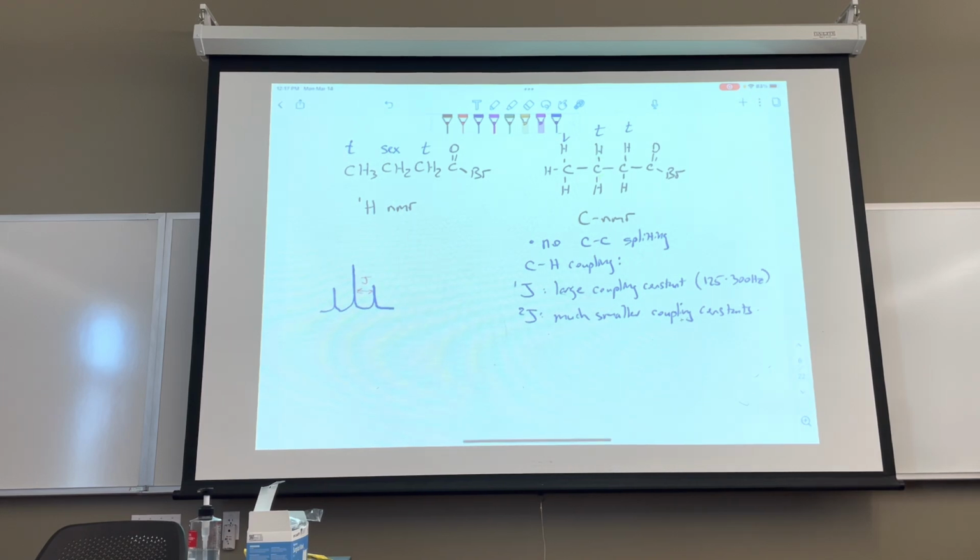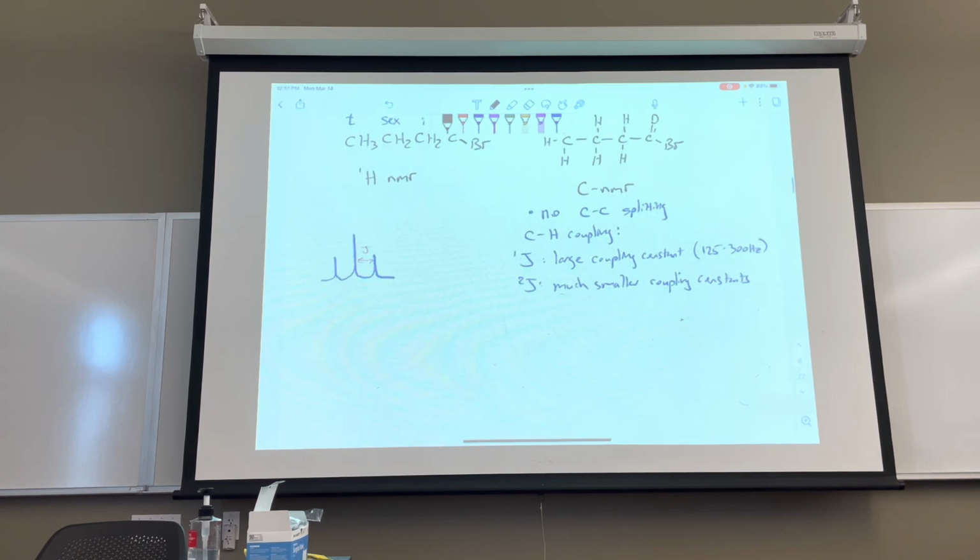You'd have a widely spaced quartet, each of those 4 peaks split as a triplet. So it would look something like that. You would have a quartet of triplets.